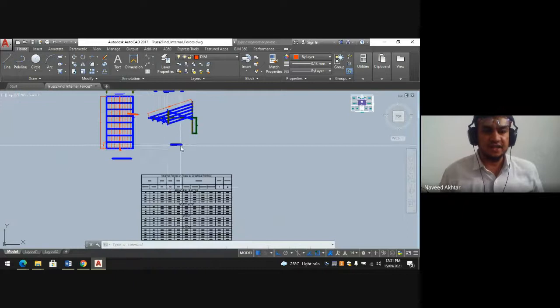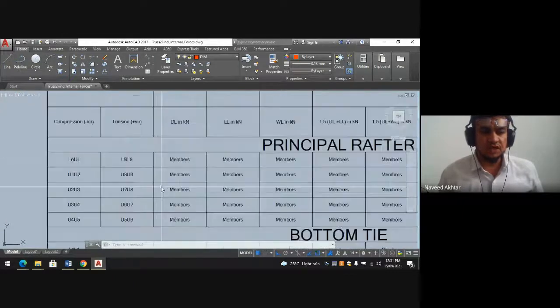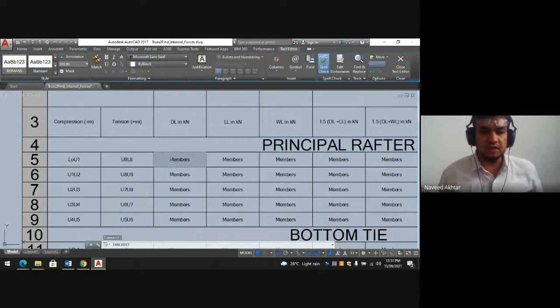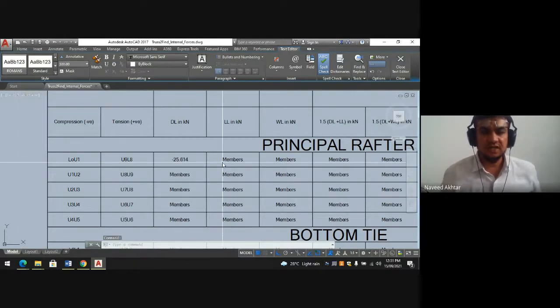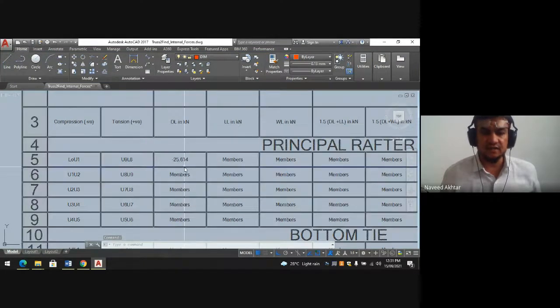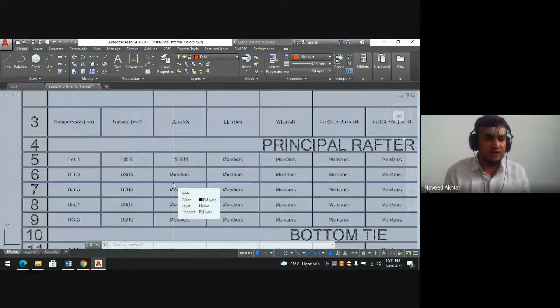So I will write here the force in L0 U1 and U9 L8 rafter, because it is a member of the truss, okay, minus 25.614 kilonewton. Okay, L0 U1 and U9 L8, the value is a compression member. Easily you find out by the graphical method. No calculation, you are done.